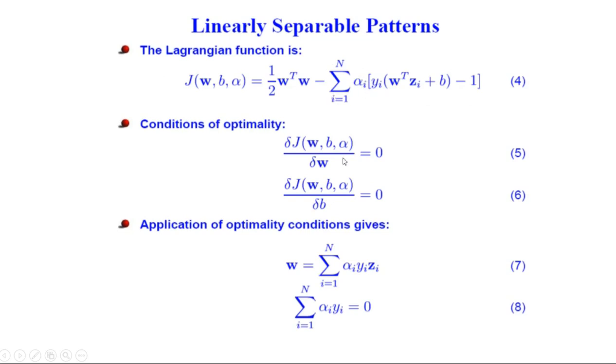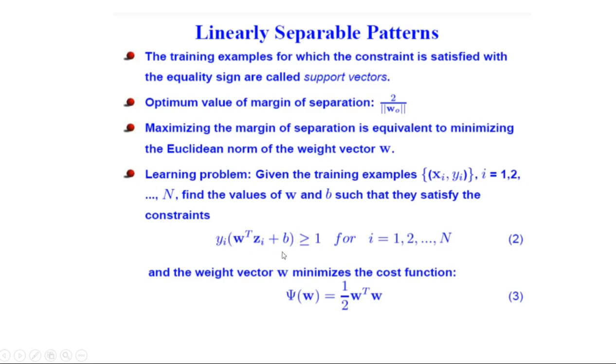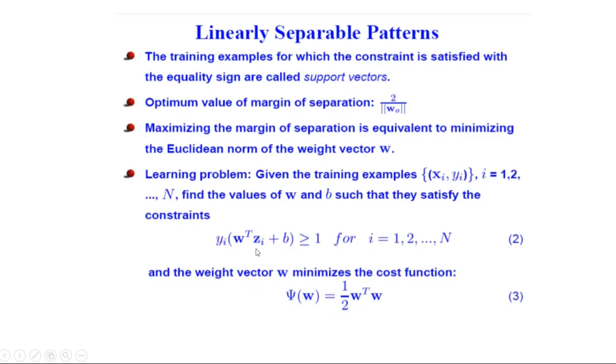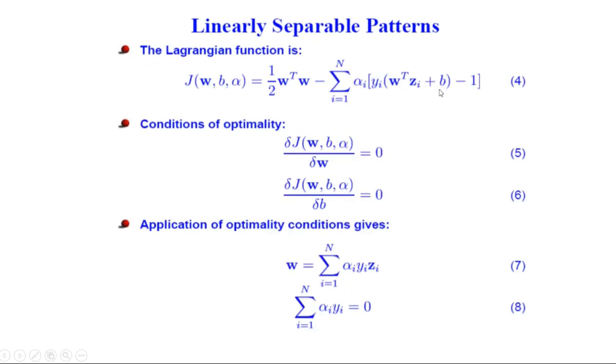So whatever constraints you have for all i equal to 1 to n, you have to add this term in the Lagrangian function, but with a minus symbol. So now sigma of this constraint you have to add here, multiplied with your alpha i, the Lagrangian coefficient.